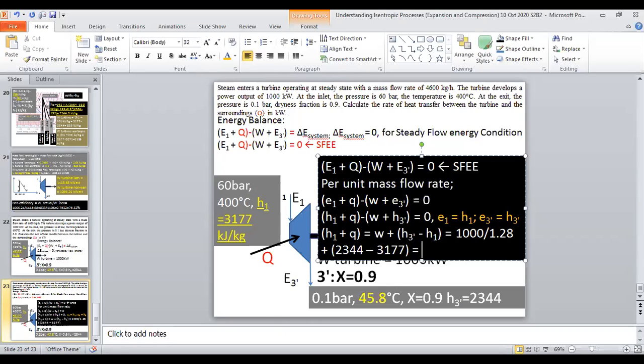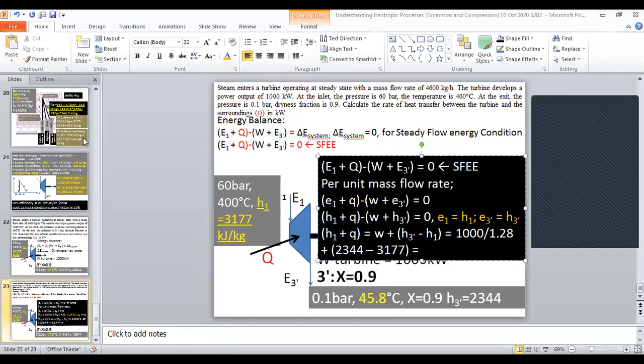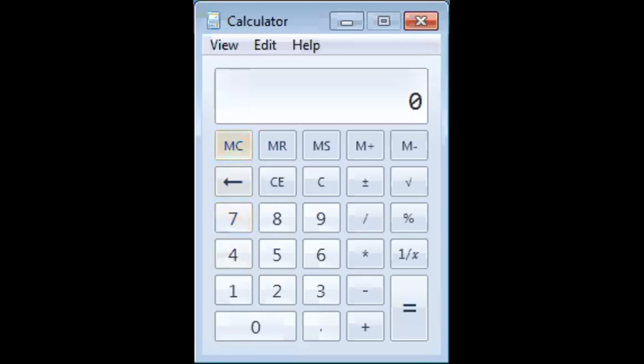So you go to the calculator. H1 is at 60 bar and 400 degrees Celsius.